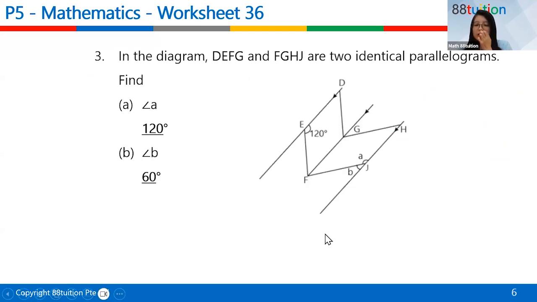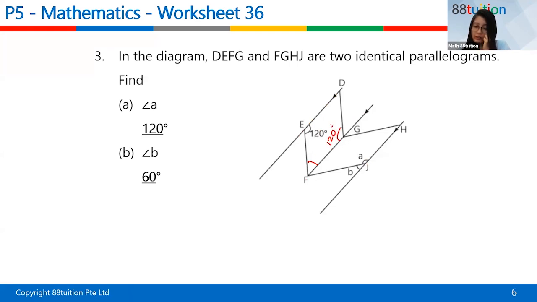Next. There are 2 identical parallelograms. Find A. Where's A? A is here. I know this is 60 because this is an interior angle, and I know this is 120.